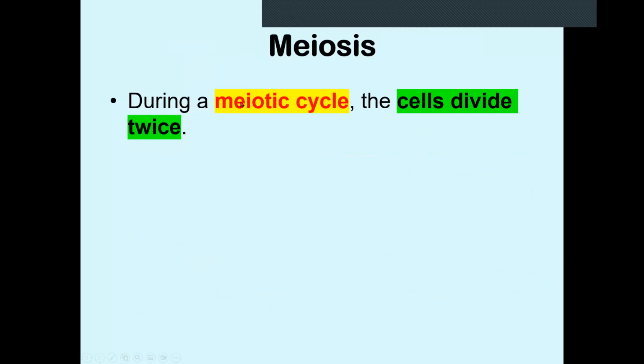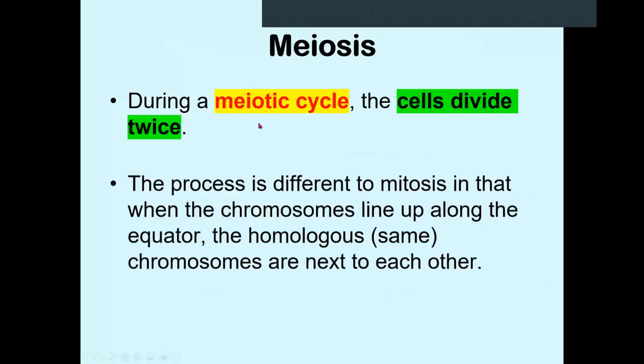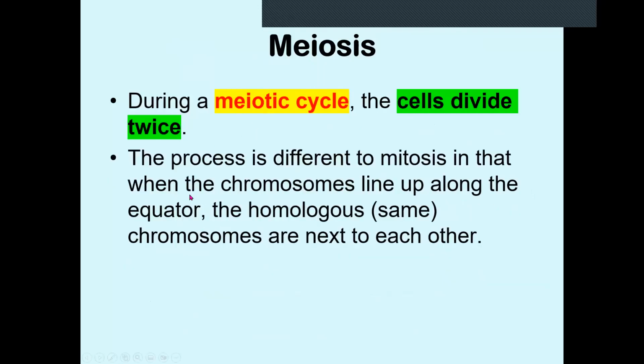During the meiotic cycle, the cells divide twice, whereas during the mitotic cycle, the first one we looked at, they only divide once. This is for the production of sperm and eggs.